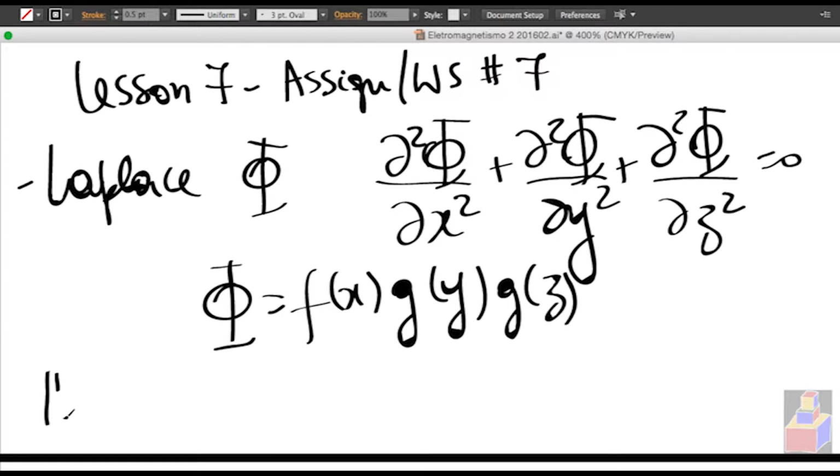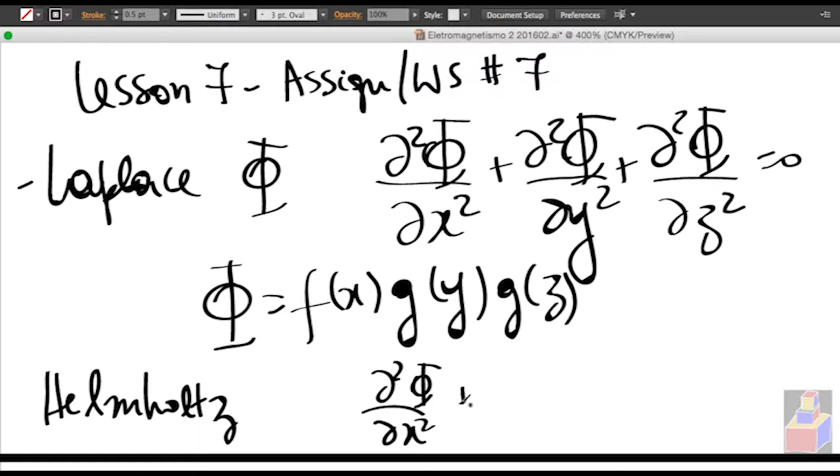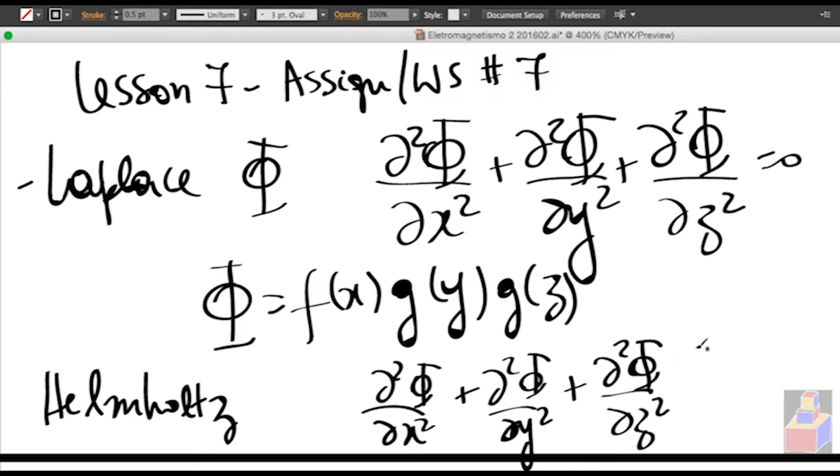The Helmholtz equation also, as well. So we have something like this, very similar to Laplace, with the addition of a term here, k squared phi equals 0.